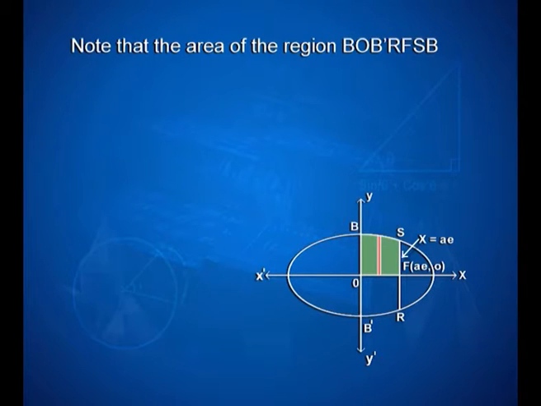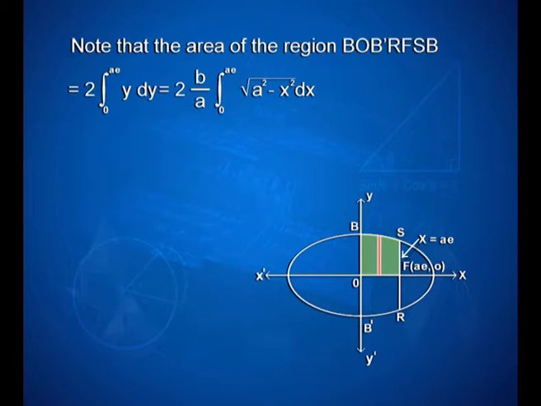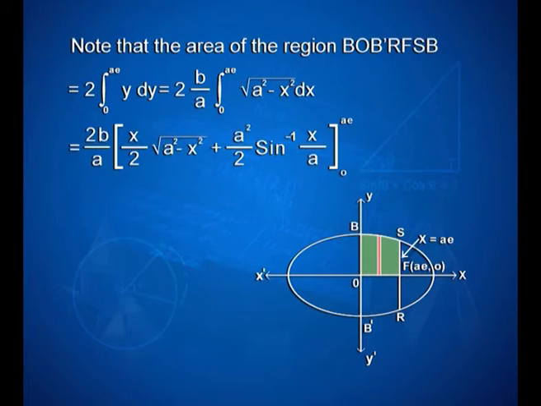Note that the area of the region BOB'RFSB is equal to 2 times the integral from 0 to ae of y dx, which is equal to 2 times b upon a times the integral from 0 to ae of the square root of a squared minus x squared dx, that is equal to 2b upon a times [x upon 2 into the square root of a squared minus x squared plus a squared upon 2 sine inverse x upon a] with limits 0 and ae.